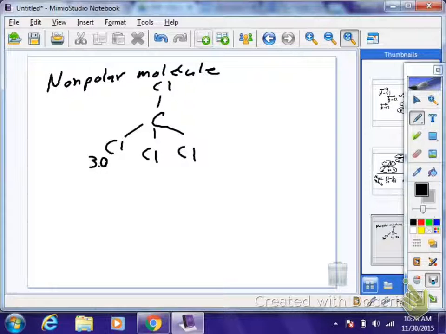And carbon is, I think, 2.2. Okay, let me double check that. Yeah, it's 2.5. So 2.5, what's the difference in electronegativity? 0.5, right? So that'll create a little bit of a polar bond, but not real big. I mean, the bigger the difference, the more polarity you have. So we would draw our arrows like this in all those cases.